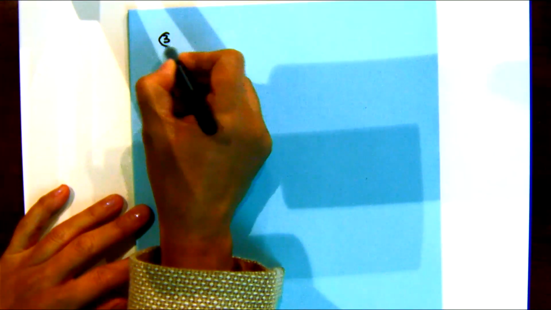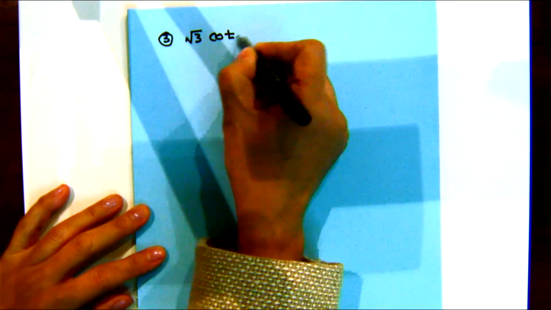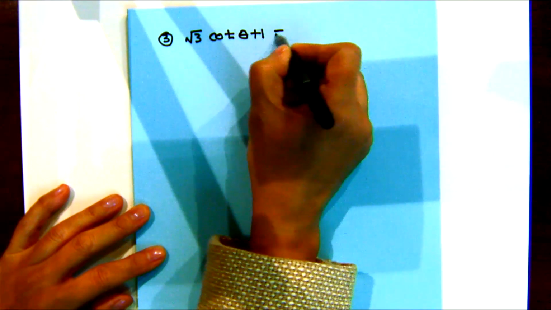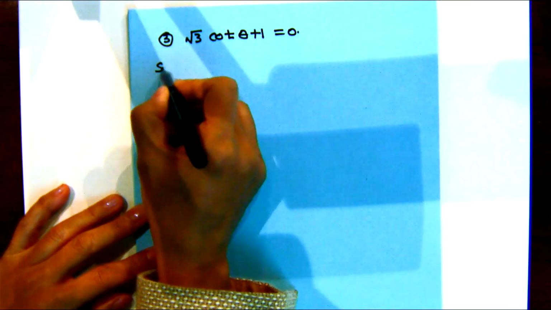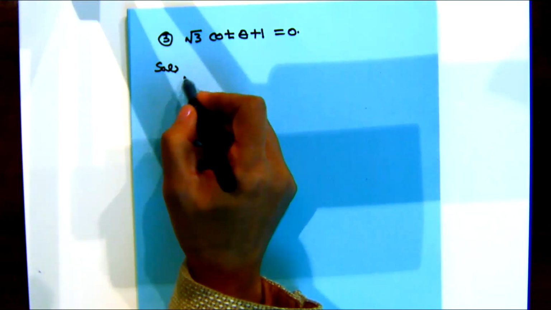Let's do number 3. Number 3 is square root of 3 times cotangent of theta plus 1 equals 0. This time the function's period is pi. So when we finalize the answer, the pattern will be a little bit different.